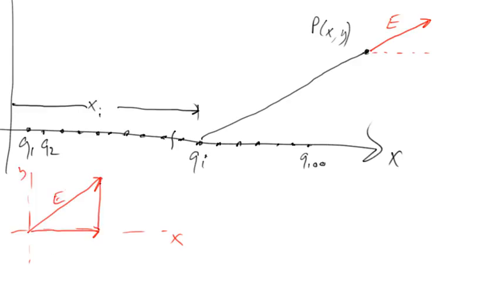There's E sub x, and there's E sub y, where the electric field is at an angle with respect to the positive x direction, where that angle is the same angle as the angle that the position vector, I'll call it r sub I, of point P with respect to the ith particle. And I didn't come out very well.